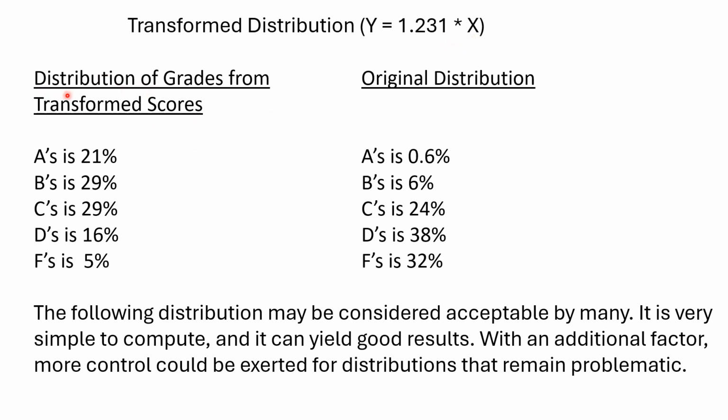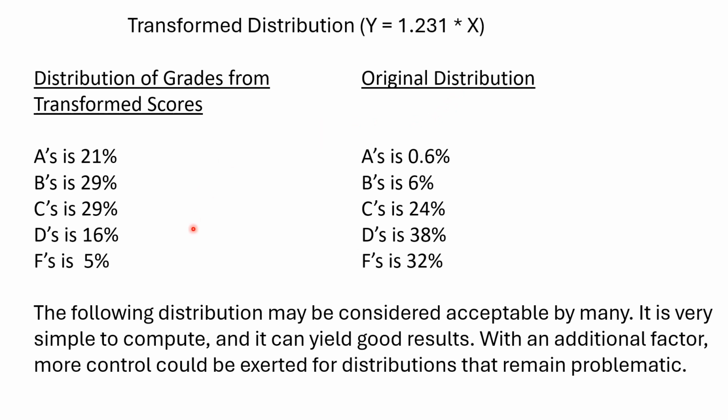That distribution boosts the number of A's from originally 6.6% all the way up to 21%, and the B's go from 6 to 29%, and the C's go from 24 to 29, and we can see that the D's and F's go from 38 and 32 to 16 and 5. So I think many professors will be much happier with this assignment of grades for their class, and I'm sure the class would be a lot happier as well, getting this distribution as opposed to the original here.